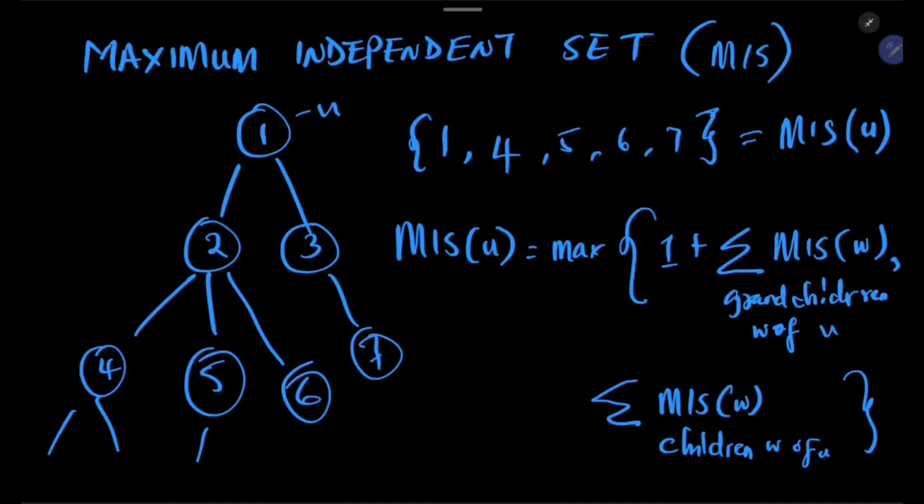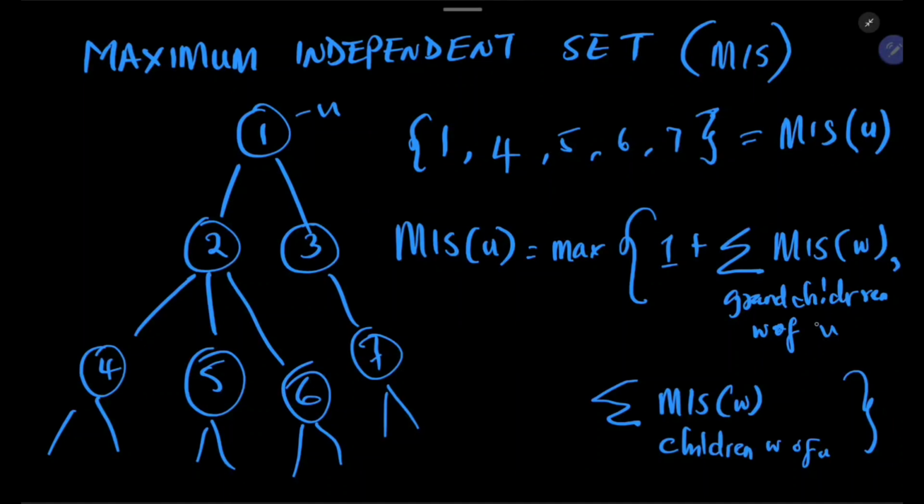And of course, if there were other nodes here, it means that if we chose 1, we'll choose its grandchildren of u, then we'll have to skip whatever is directly connected to the grandchildren and go to the other level. Now, that's what this expression says.